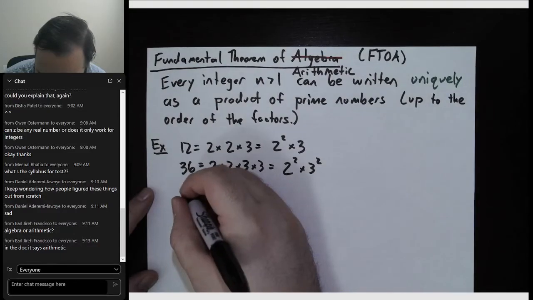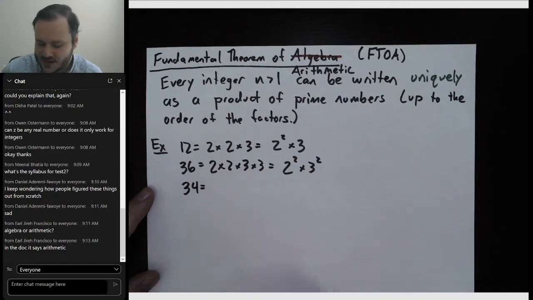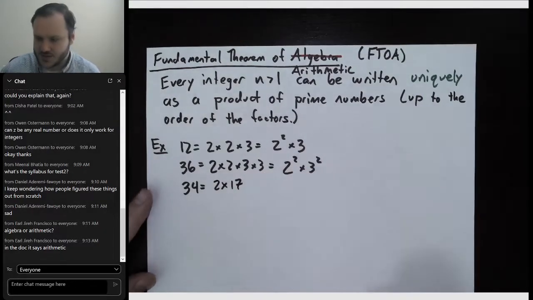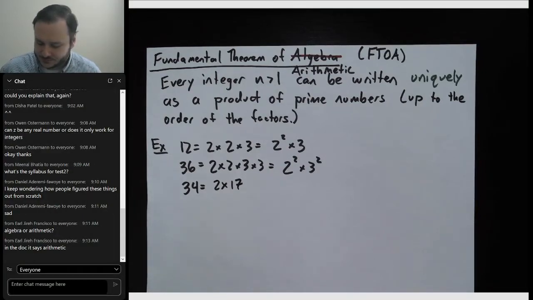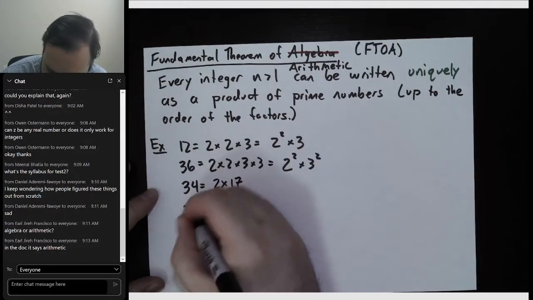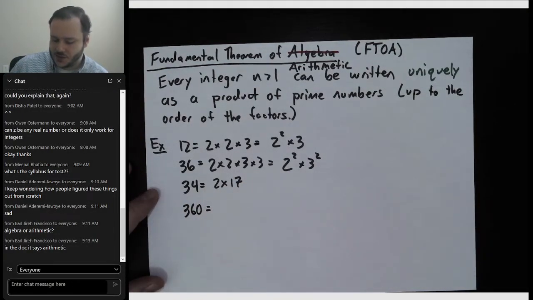Let's take 34. 34 has a copy of 2 in it. Afterwards, I just have a 17. So 2 times 17. You can even pick a bigger number, like 360.